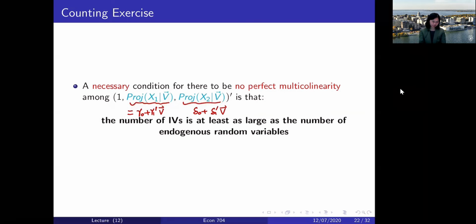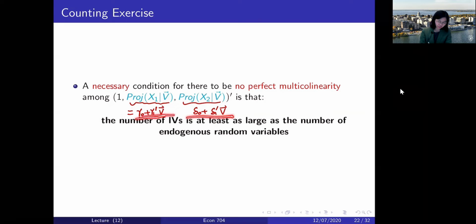So it's not enough to just require gamma 1 not equal to 0 and delta 1 not equal to 0. We in fact want there to be enough difference between these two linear combinations.